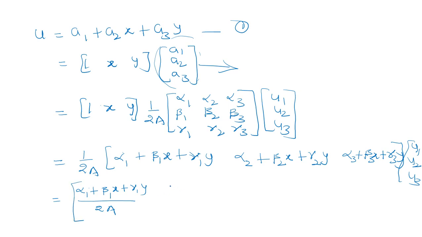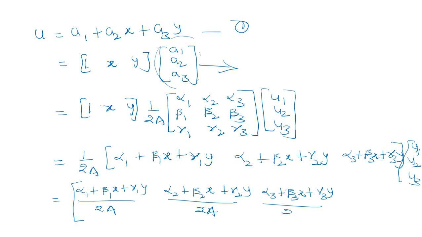Next element is alpha 2 plus beta 2 x plus gamma 2 y divided by 2a. And third one is alpha 3 plus beta 3 x plus gamma 3 y divided by 2a. Multiply with u1, the displacement vector, simply you can say. These are the components of that particular equation.